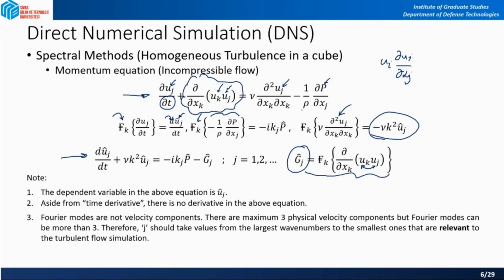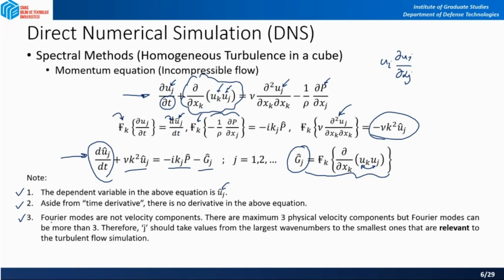As a note, I added three notes in here. The first one is that the dependent variable in this equation is u hat. And aside from the time derivative, which is the first term, there is no derivative in the above equation. You see that there is no derivative. It's all an ordinary algebraic equation. Fourier modes are not velocity components.